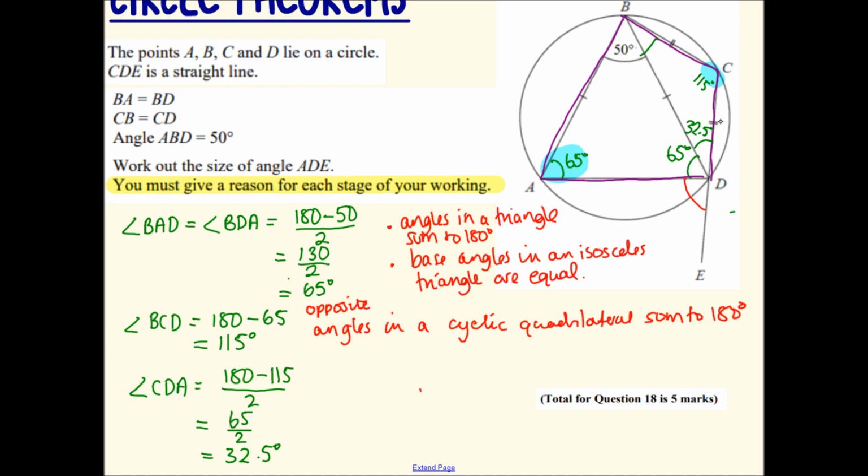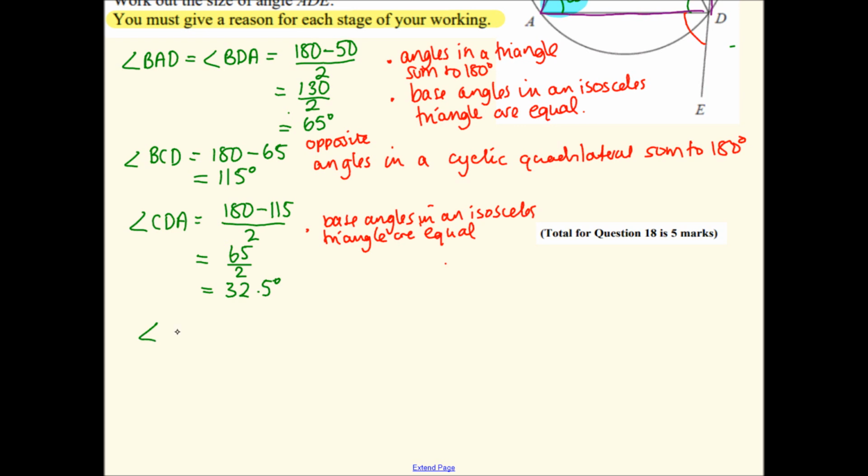And we can now just repeat that reason, that base angles in an isosceles triangle are equal, and we can do our final bit of working out, which is to find angle ADE.